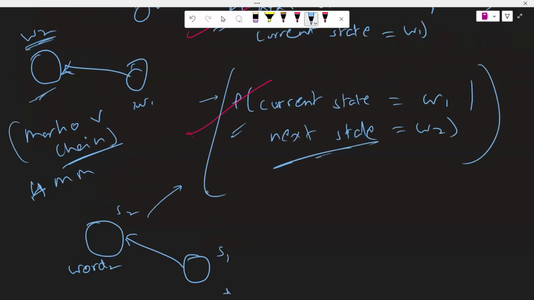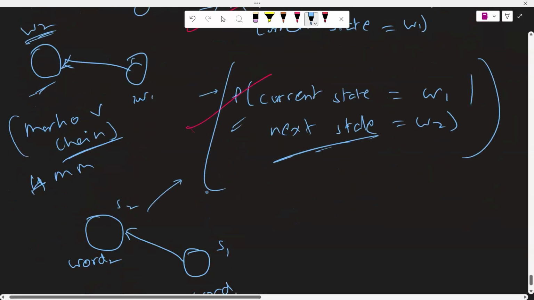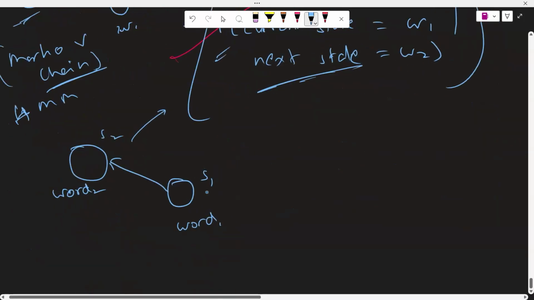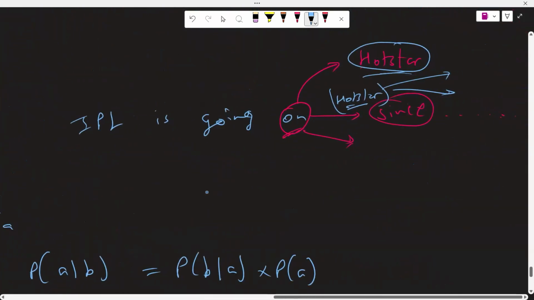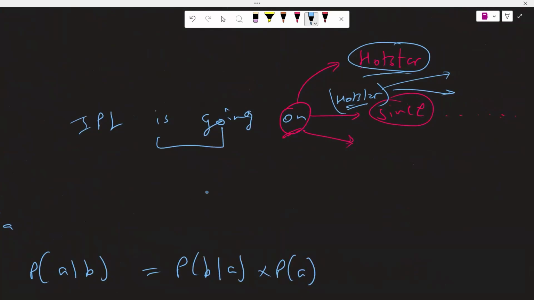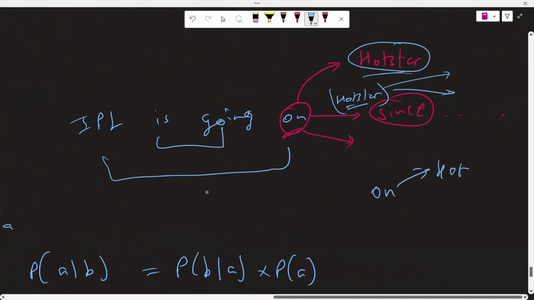But even if you change it, when you get the final answer, the probability of a sentence will not change. So what we have to do is find out transition probabilities of the consecutive combinations, right? Once you have written, let's say, IPL is going on, after on, what is the probability of on with Hotstar?